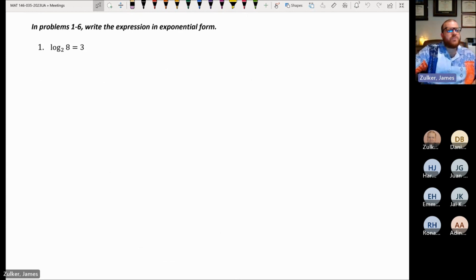What we're going to do is, for these 6 problems, convert the equation into exponential form. Log base 2 of 8 equals 3. So we look and we go, okay, we have base 2.